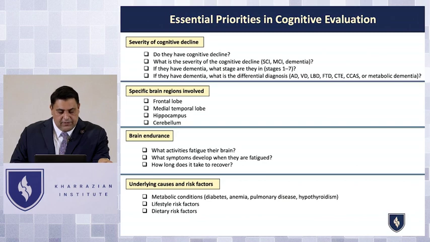And the other key thing that you have to understand and make sure you establish as you do your clinical workup is to rule out any underlying metabolic conditions like diabetes, anemia, pulmonary disease, hypothyroidism, lifestyle risk factors and dietary risk factors, and so forth.